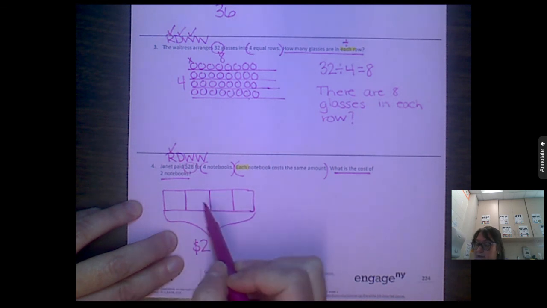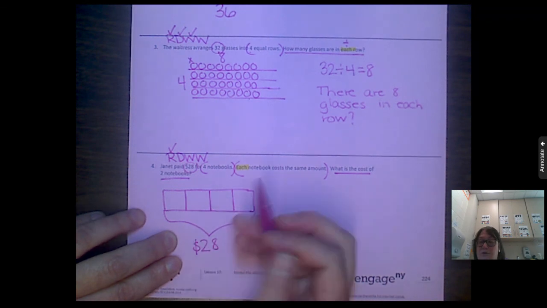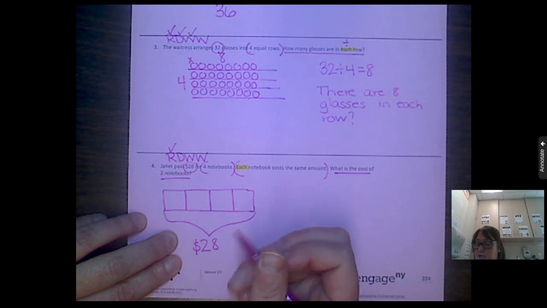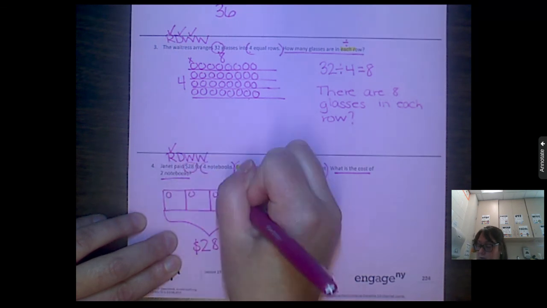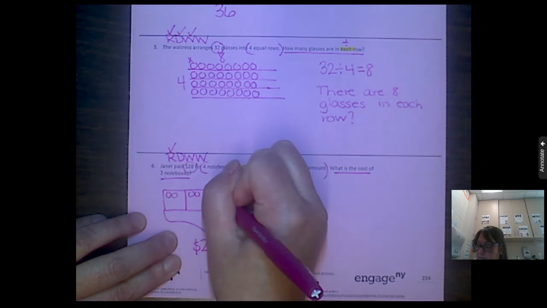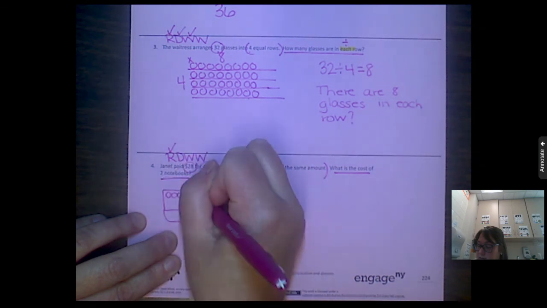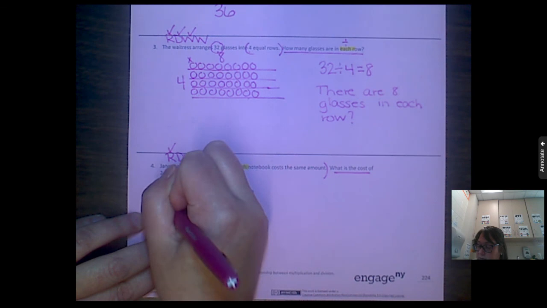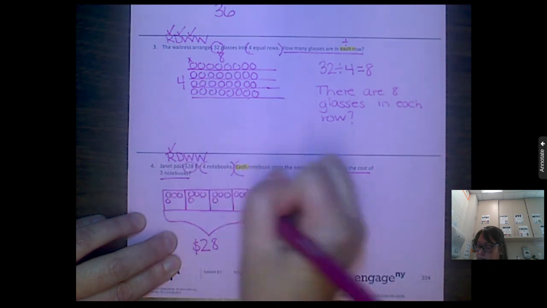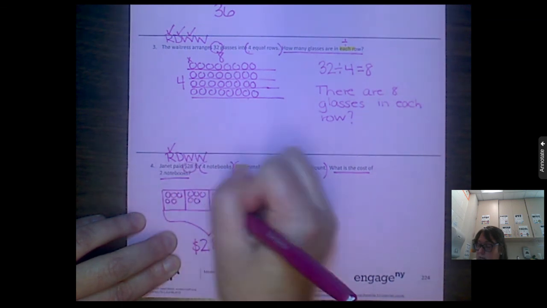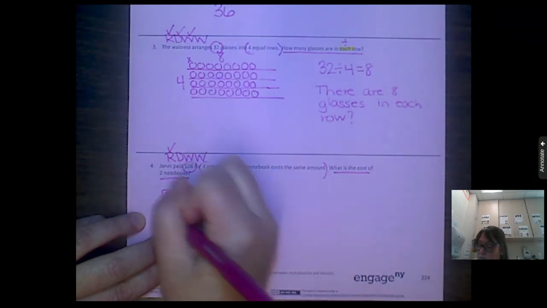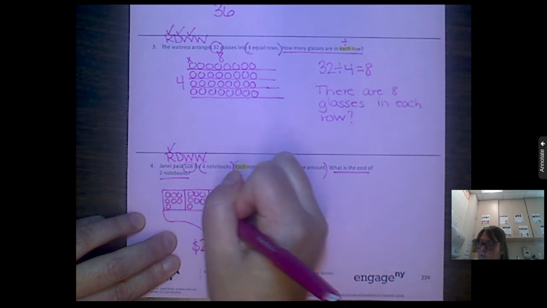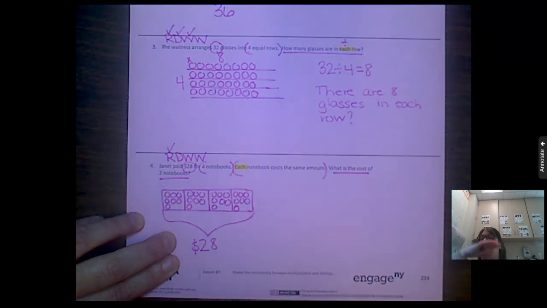Okay. And then to find my answer there, I'm going to keep putting 1 in each group until I get to 28. Will you do that with me? Unless you already did it and you're checking. Okay. Here I go. 1, 2, 3, 4, 5, 6, 7, 8, 9, 10, 11, 12, 13, 14, 15, 16, 17, 18, 19, 20, 21, 22, 23, 24, 25, 26, 27, 28, and stop.